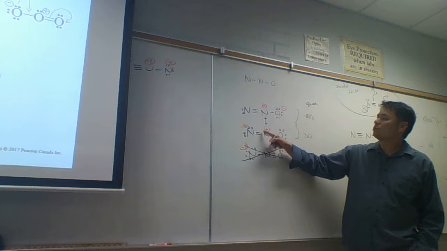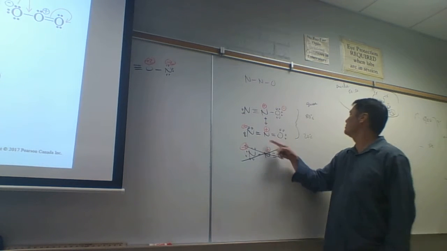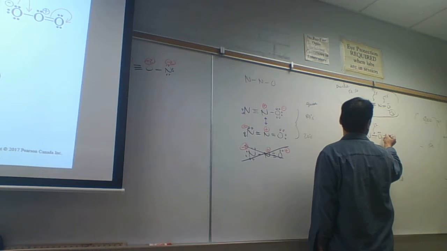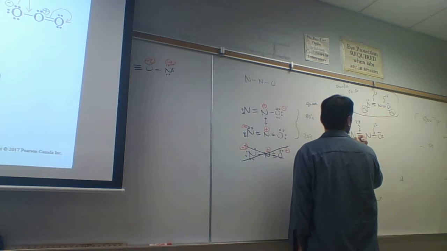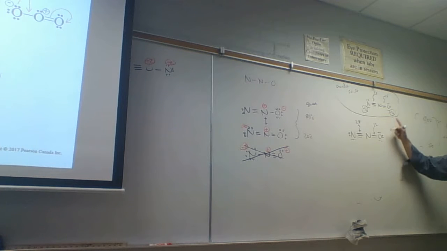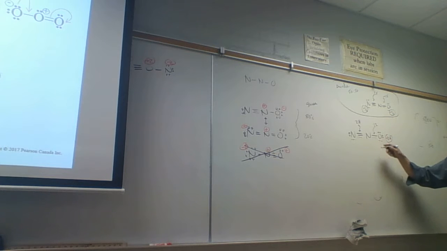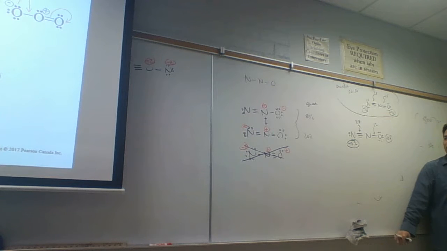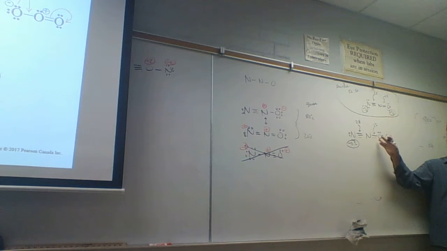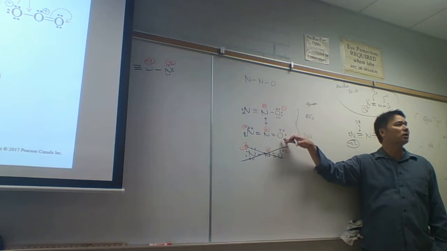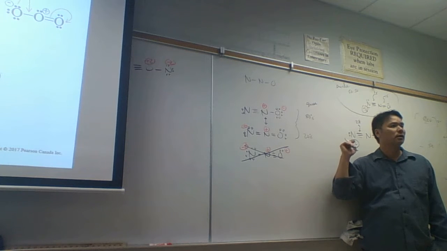And this one is going to be closer to a triple bond than it is a double bond. If it's closer to a triple bond, then I'm going to call it a 2.8 bond here. And then the electron over here, rather than being split evenly, I'm going to split it -0.8 on the oxygen and -0.2 on the nitrogen. And so what I did was I made a resonance form that has more of this structure and less of this structure in it.